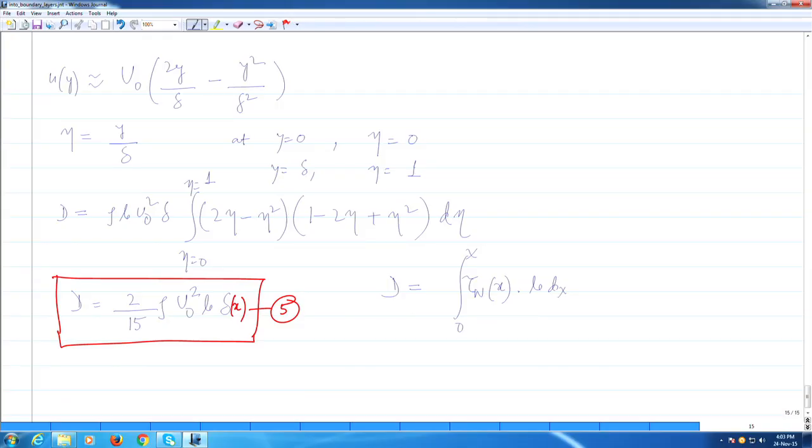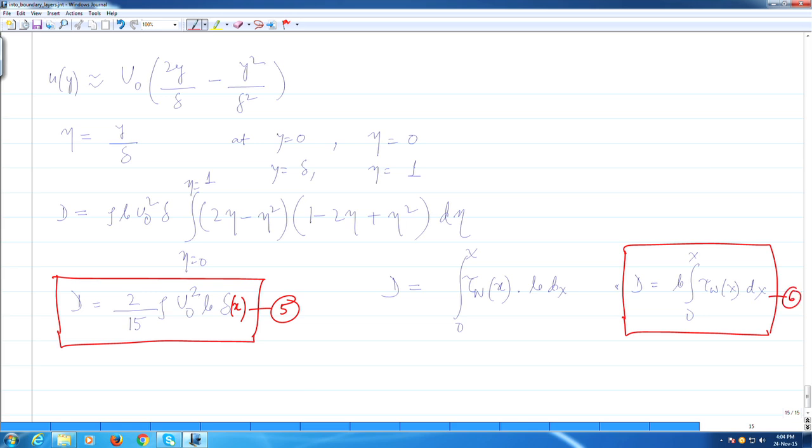So, that should give us the drag, right. So, therefore, if I do that, I can write D, I will take the b out, b integral from 0 to x of tau w(x) dx. Okay. So, I am going to call this 6, right.